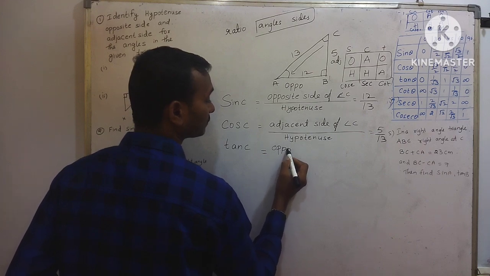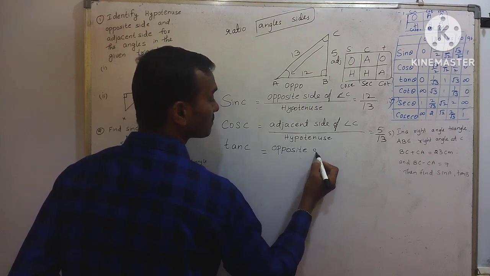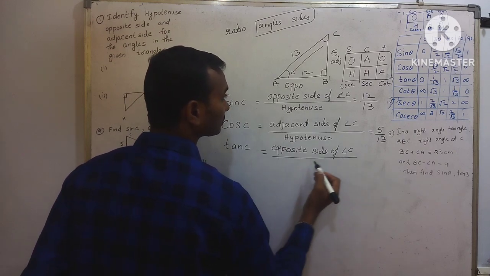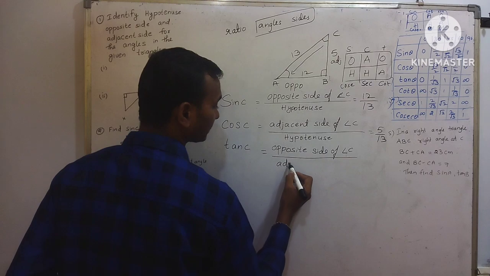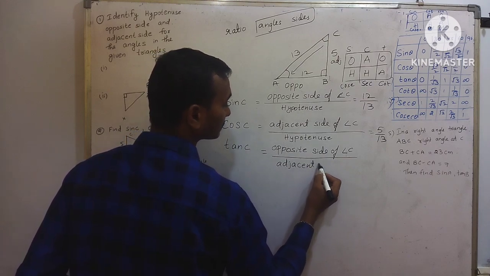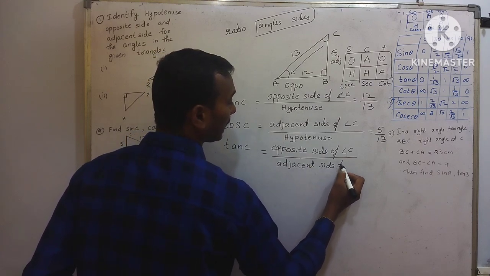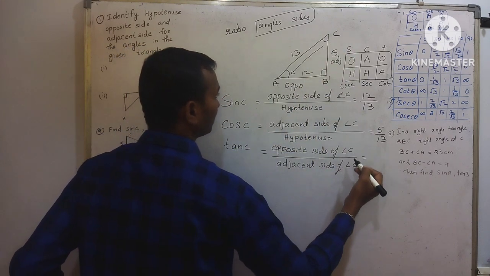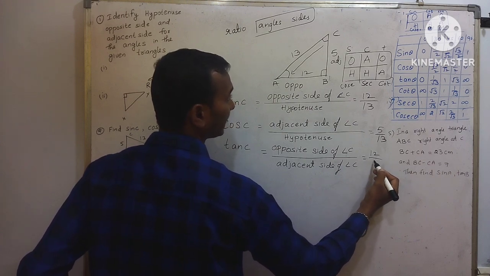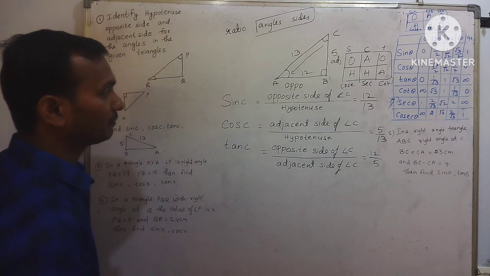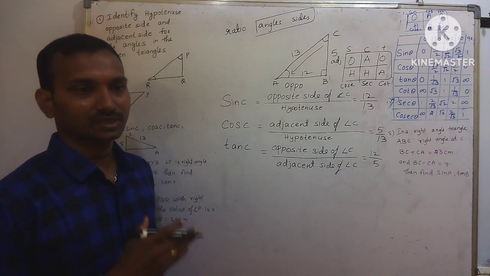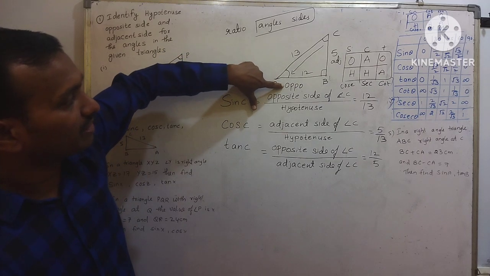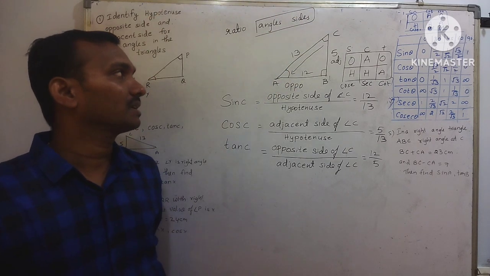Opposite side of angle C by adjacent side of angle C. What is the opposite side from C? That is nothing but 12, by adjacent 5. 12 by 5. So this is the way we have to write sin C, cos C, tan C. We have to observe from C. Then our opposite will be AB. Adjacent will be BC.